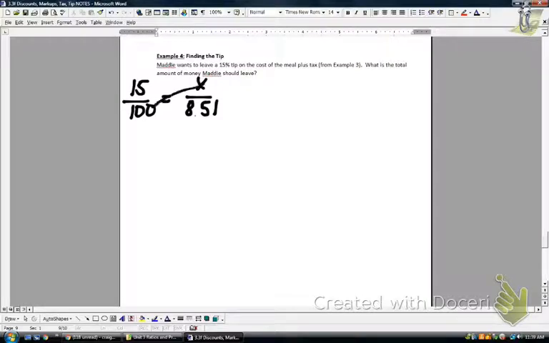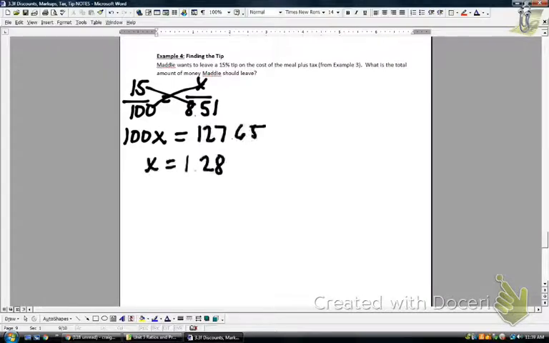So I'm going to cross the equal sign and multiply. Alright, so when I do that, then I get 100x equals 127.65. Divide both sides by 100, and I get $1.28. That's the tip.